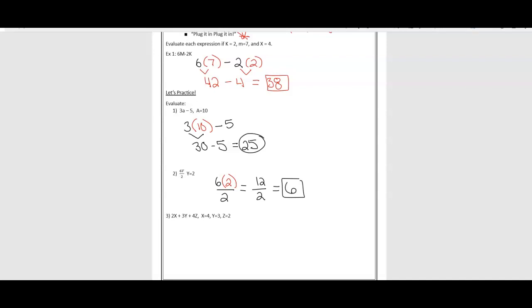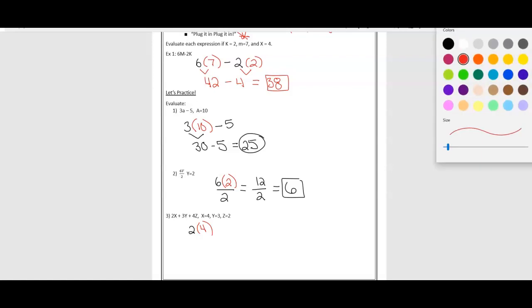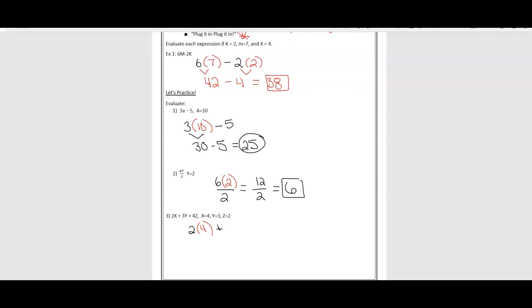And then last, so I have a bunch of letters here. I have an x, y, and a z. So I'm just going to plug it in. So I have 2 times x, and x equals 4. So instead of timesing by x, I'm going to times it by 4 plus 3 times y, but y equals 3.